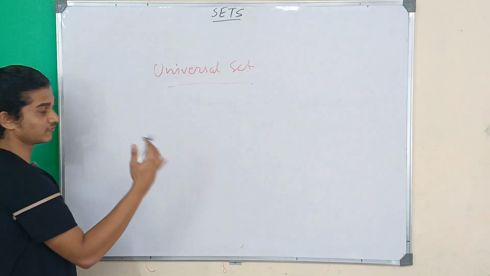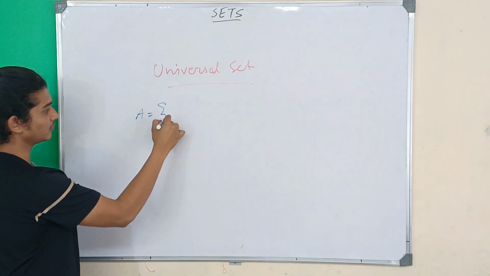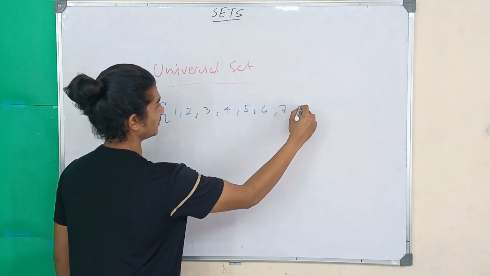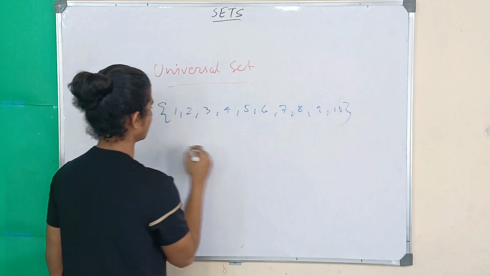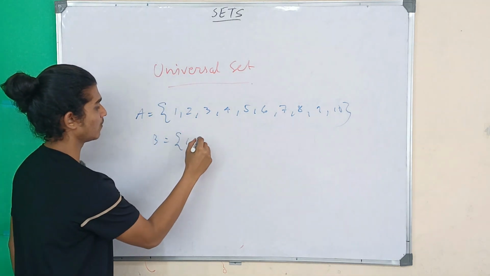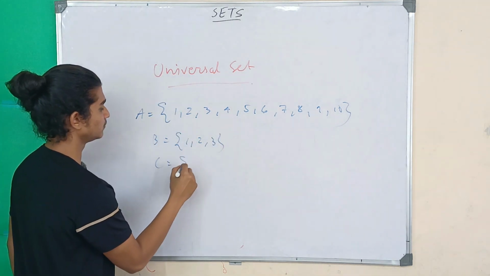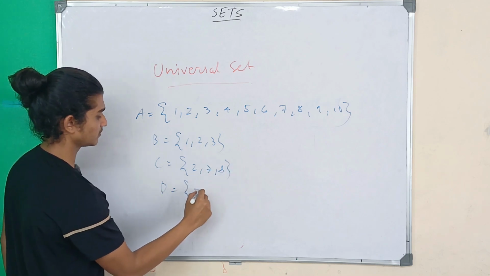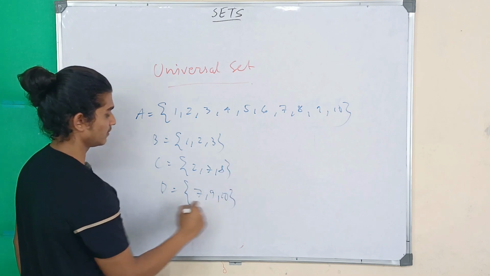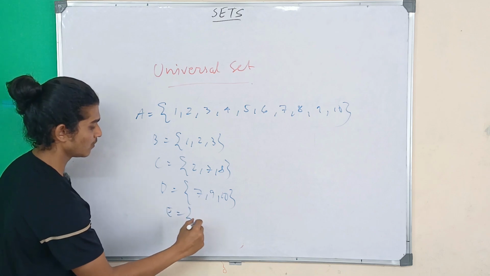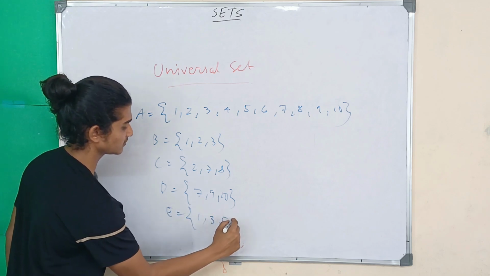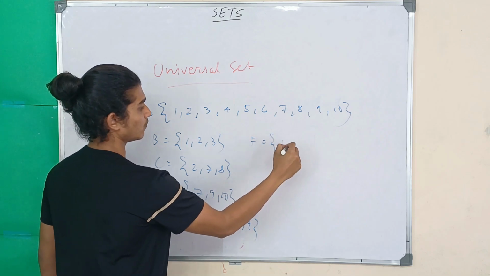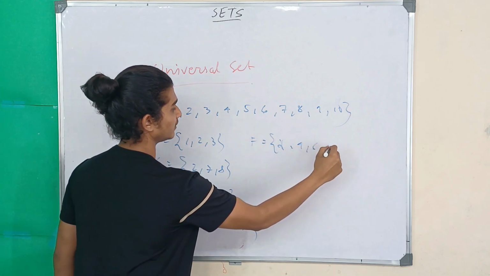Let us try to understand further using an example. Suppose I have A equal to {1, 2, 3, 4, 5, 6, 7, 8, 9, 10}, and then B equal to {1, 2, 3}, C equal to {2, 7, 8}, D equal to {7, 9, 10}, E equal to {1, 3, 5, 7, 9}, F equal to {2, 4, 6, 8, 10}.